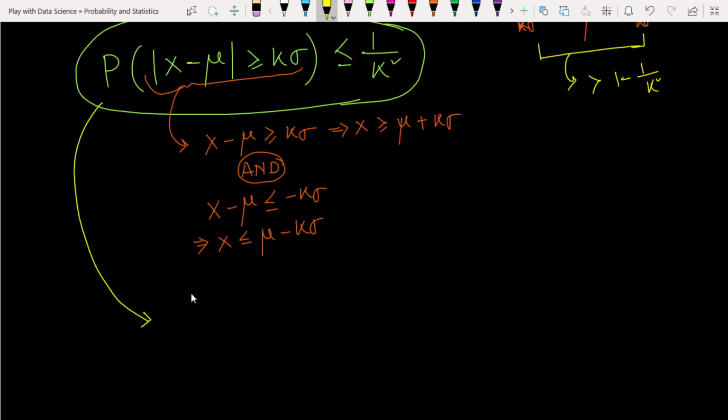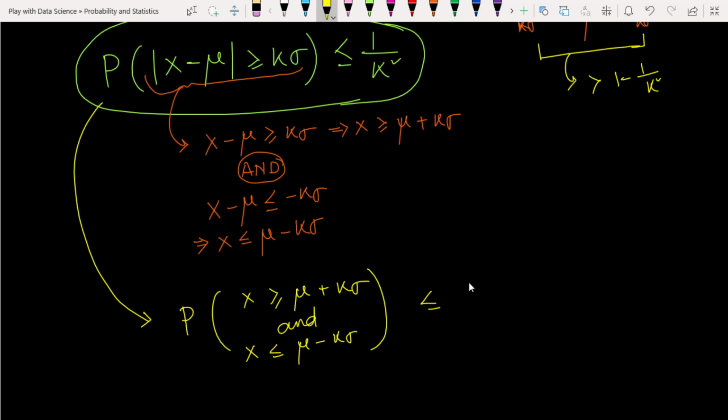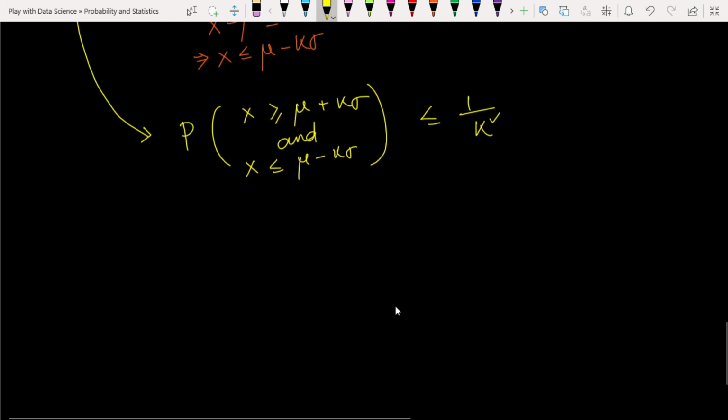The formula is saying that if x is greater than or equal to mu plus k sigma and x is less than or equal to mu minus k sigma, then this value will be at most 1 over k square.